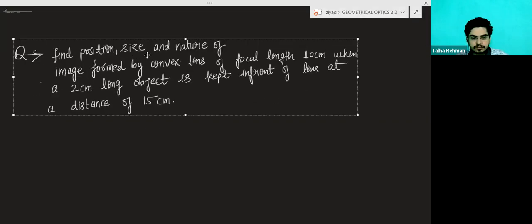Find position, size, nature of image formed by convex lens of focal length 10 centimeter when a 2 centimeter long object is kept in front of the lens at a distance of 15 centimeter.